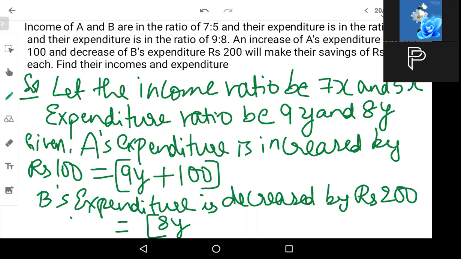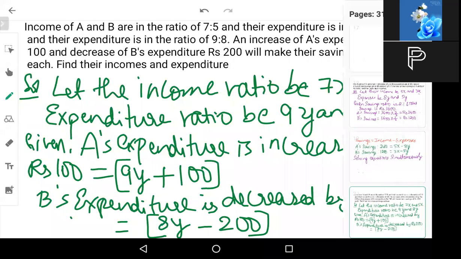Okay, this is decreased by 200, which means 8y minus 200. So we got income ratio, we got expenditure ratio. We are also defining the savings. Before calculating savings, we are defining what has to be considered.